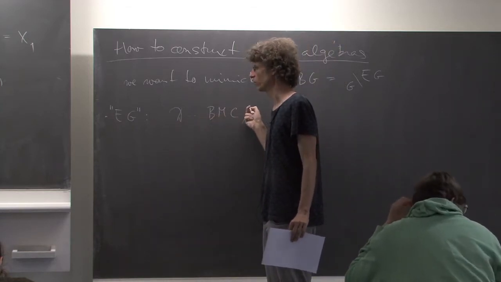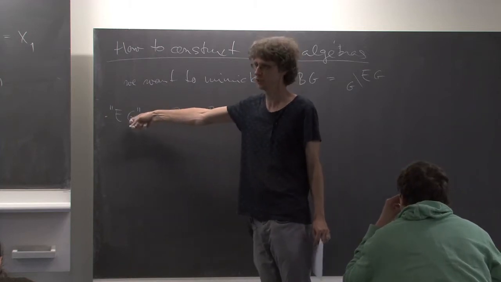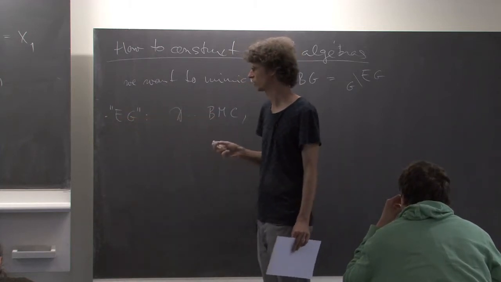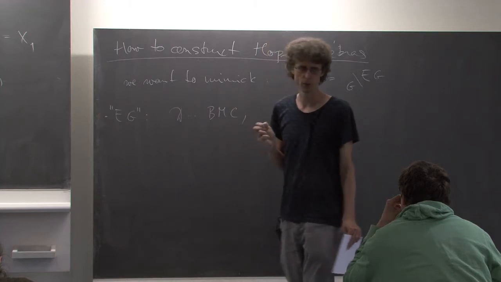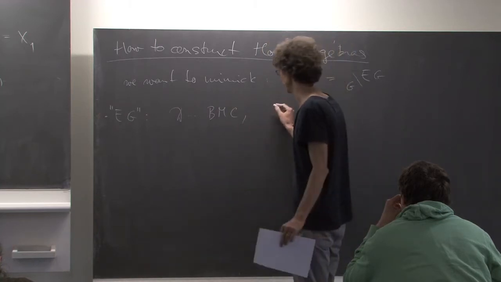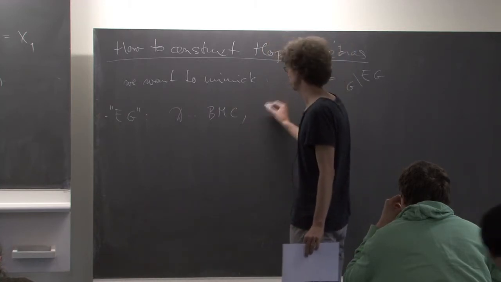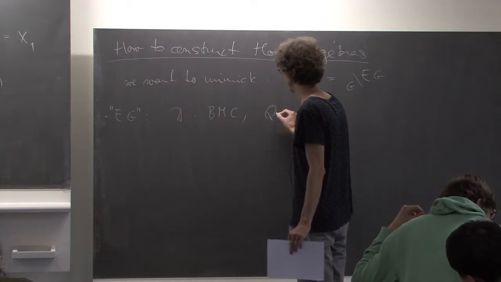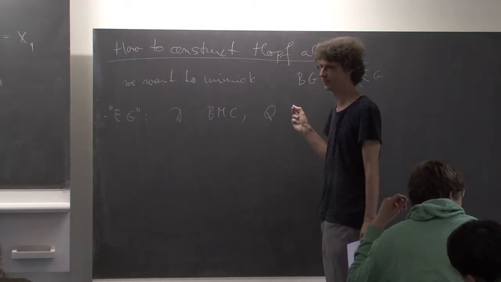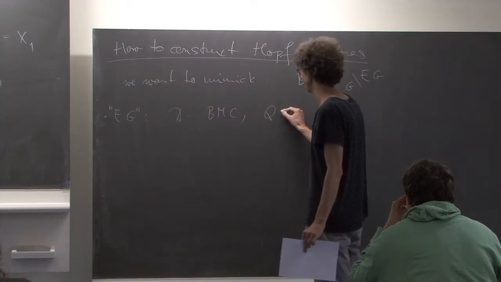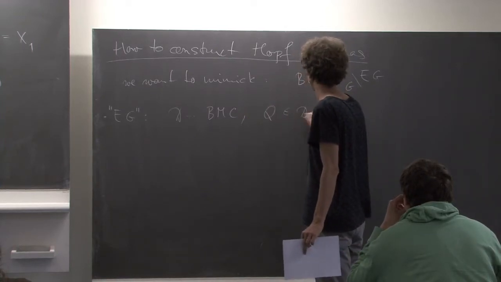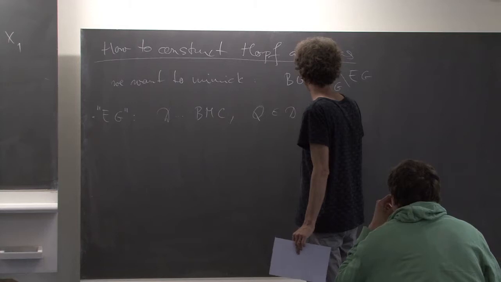And now in place of a set G, from which we could construct this EG, let's start with a coalgebra. Now C is already used, so I don't know why I felt that Q is close to a coalgebra. So let Q in D be a coalgebra.